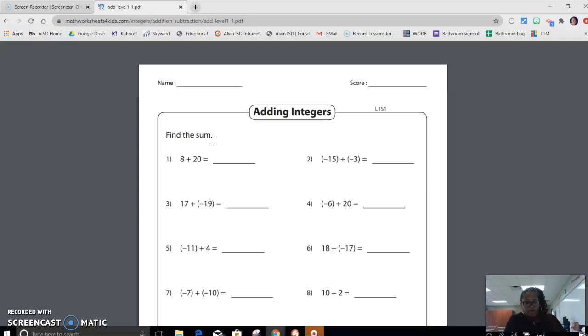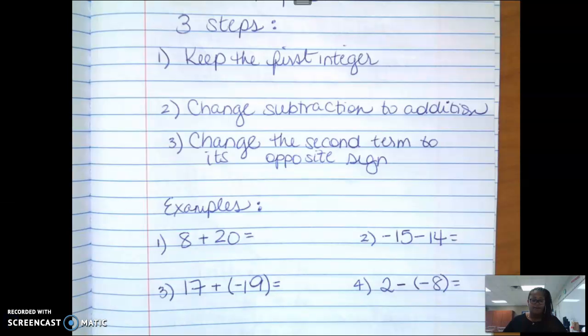Let's do 1 and 3. 17 plus negative 19. And then we'll do 2 and 4 from a different set of questions. Hold on, let me find a different set. Okay, I found 2 more.